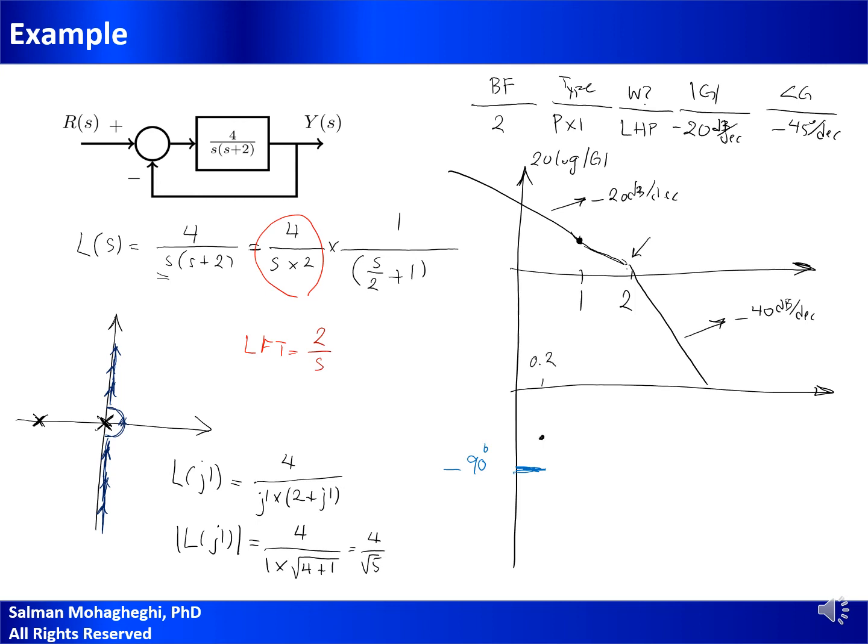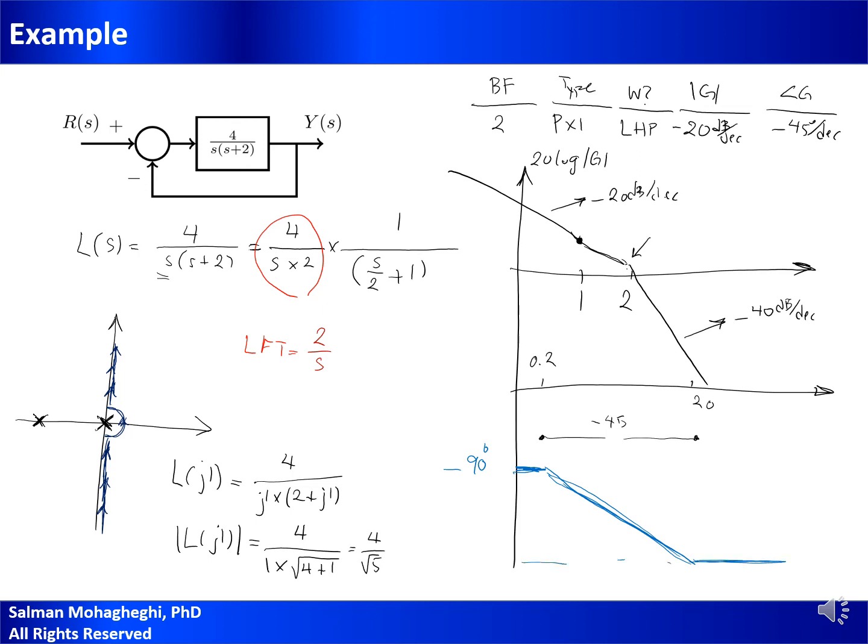more or less, and let's say this is 20. So from 0.2 to 20, I will have a slope of minus 45 degrees per decade. So my line starts dropping like this with a slope of minus 45 degrees per decade, and once I hit 20, I will have a flat line.